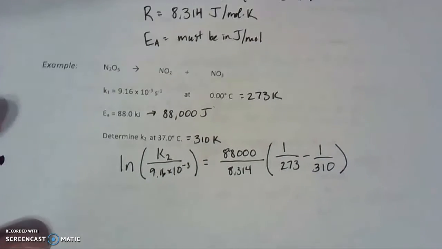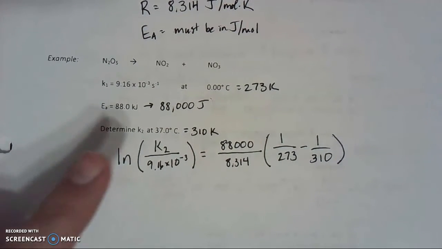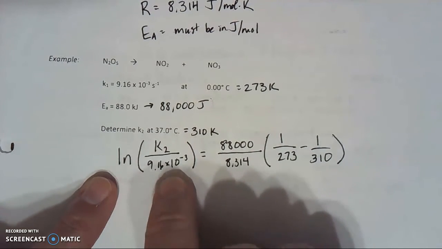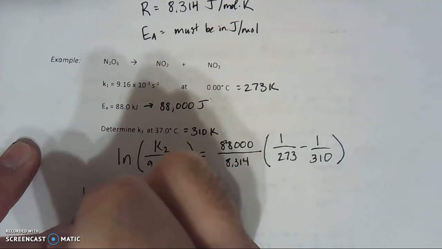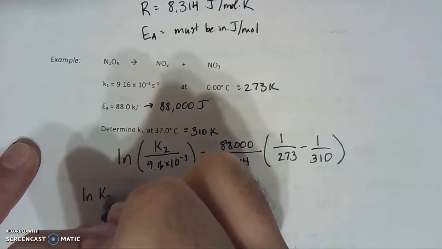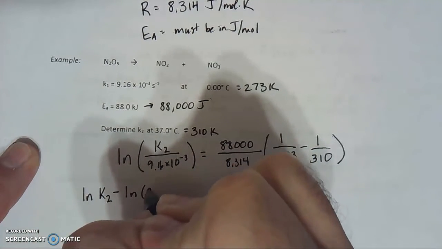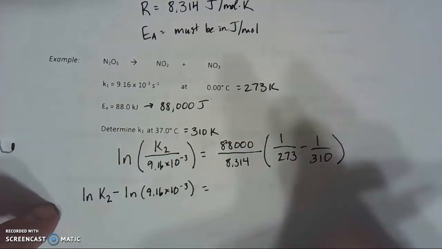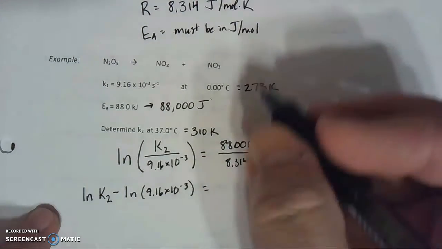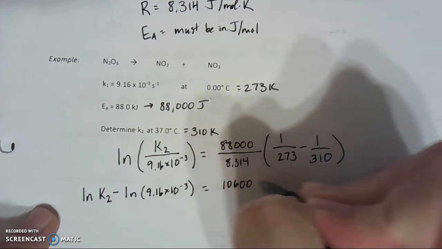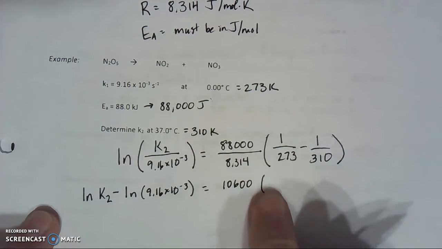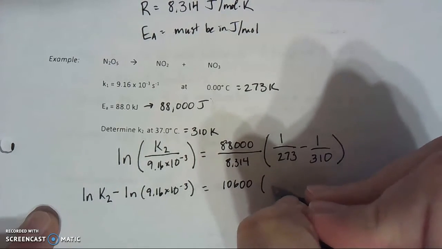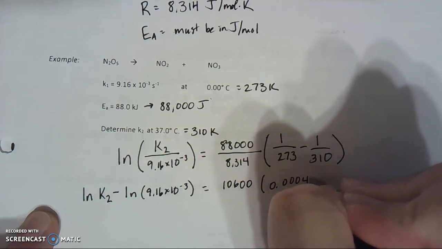So if you remember back, we had log rules. We said if we have a log of a fraction, it's the log of the numerator minus the log of the denominator. So to simplify that, we have the ln of K2 minus the ln of 9.16 times 10 to the minus third is equal to, well, when we divide these two, we get 10,600 times, and if we do 273 reciprocal minus 310 reciprocal, we get 0.000437.